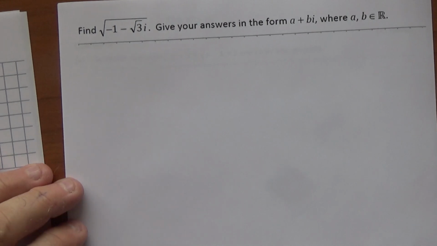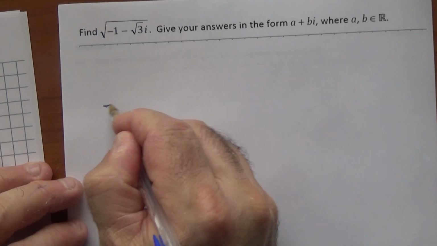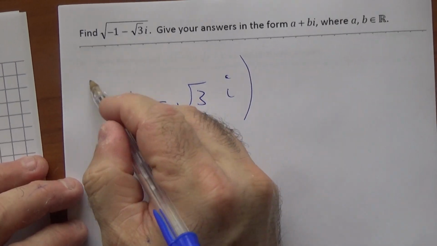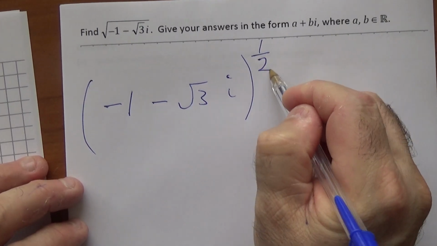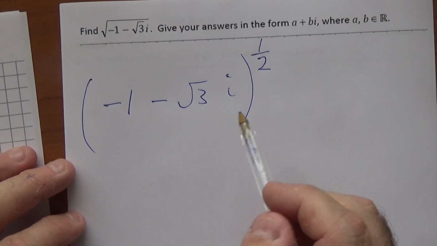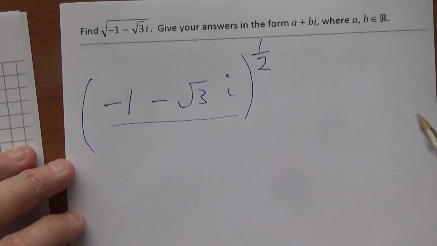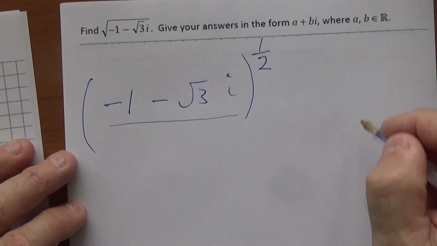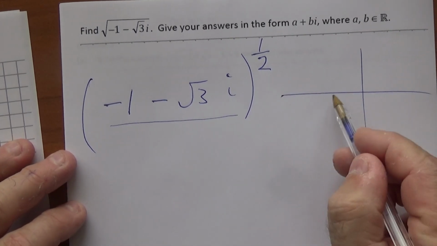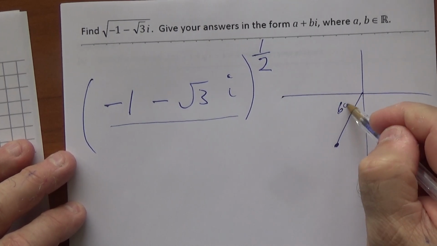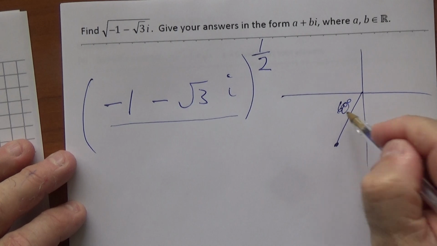Okay, so next up, we have to find minus 1 minus root 3 i, to the power of a half. What we want to do is use de Moivre, and de Moivre works ideally in polar form, so we're going to convert this number into polar form. A quick bit of visualization: we go back 1 and down root 3, making a reference angle of 60 degrees.